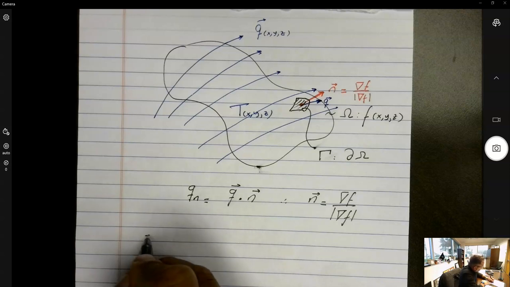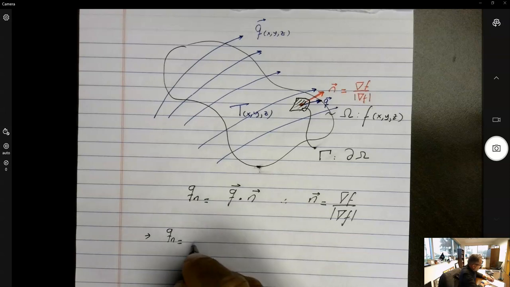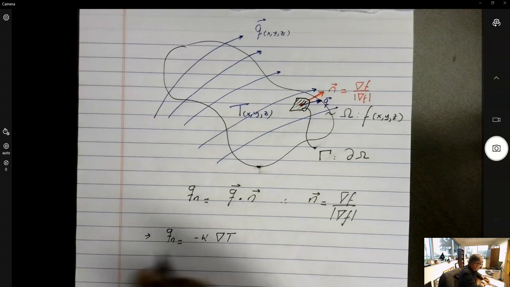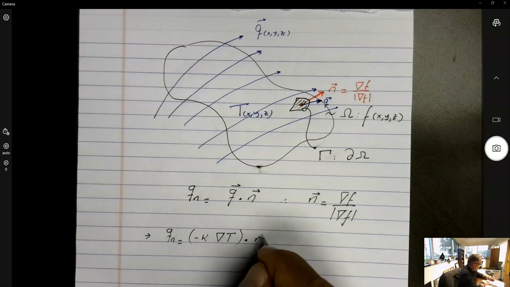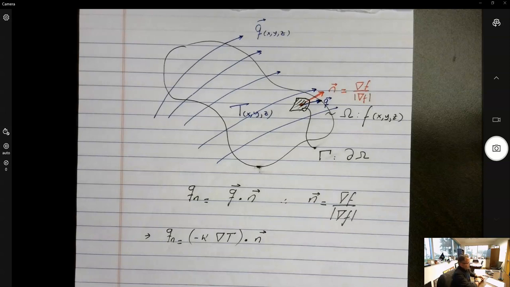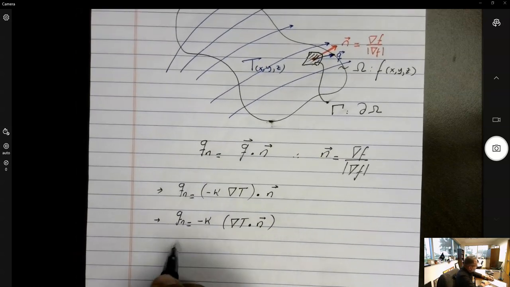So, therefore, Qn is equal, remember that Q is defined as minus K grad T, and then that's Q, and then this dotted into N. So therefore Qn is equal to minus K grad T dot N, and this is nothing but the normal derivative of the temperature.